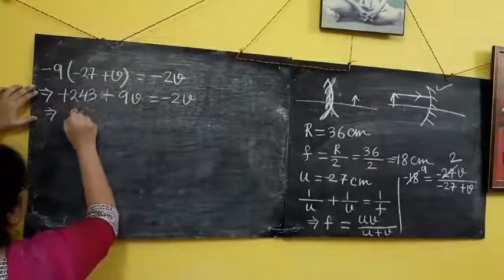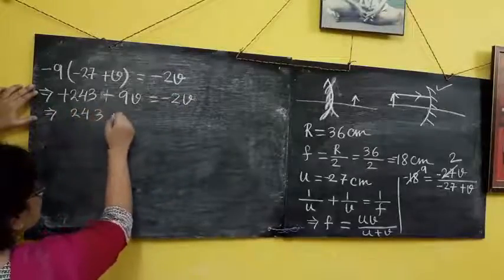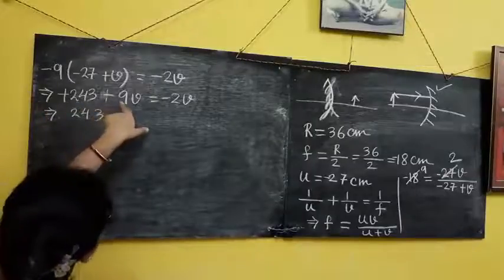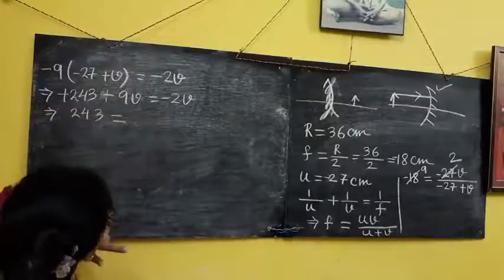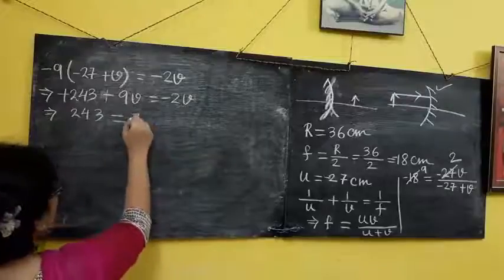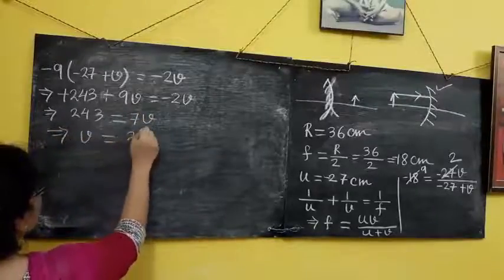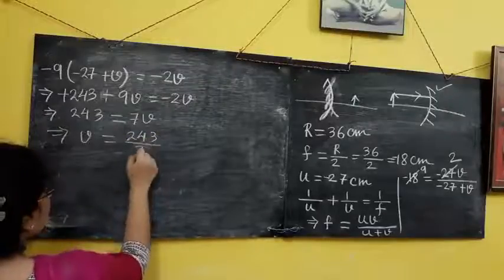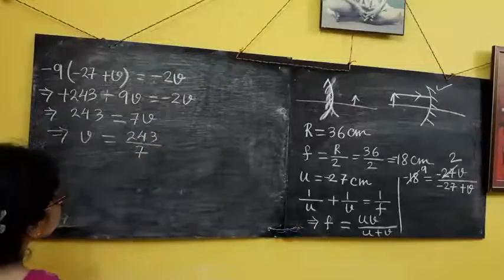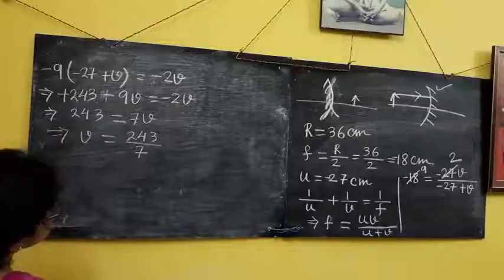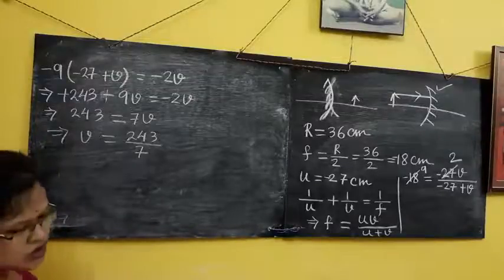So 243 equal to, if it is coming to this side, plus 7v. So v equal to 243 by 7. So it is coming.